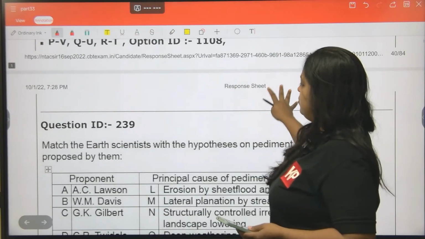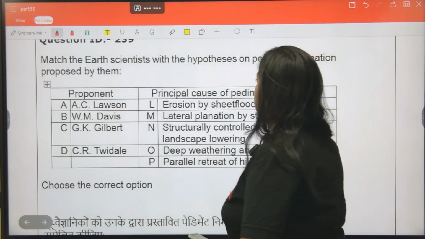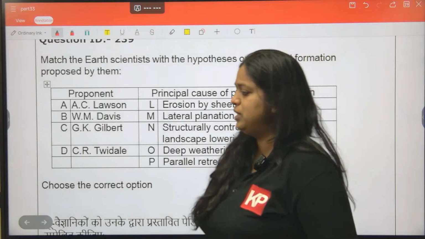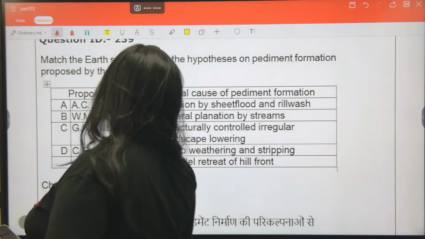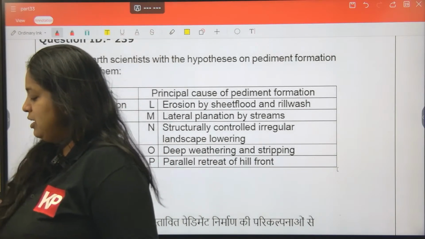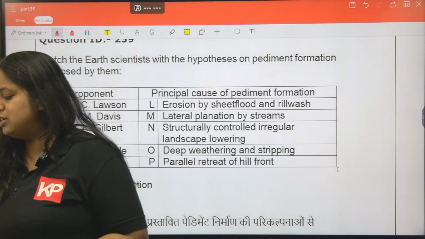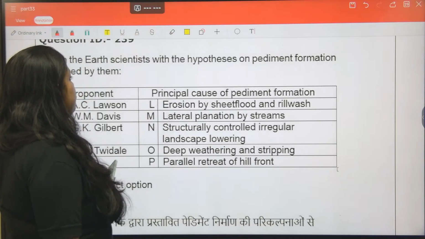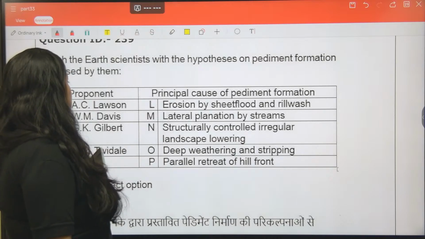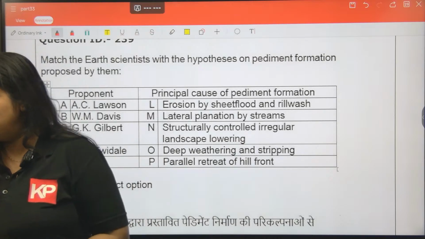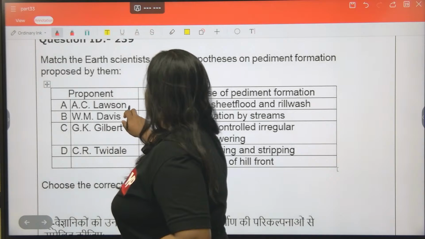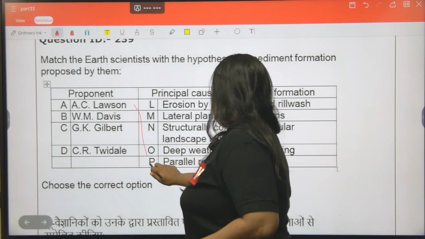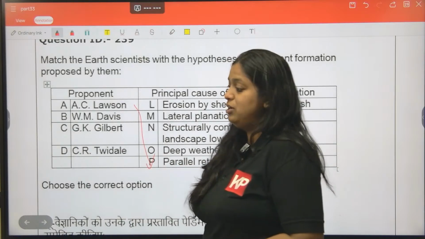Chalo. Next one: match the Earth scientist with the hypothesis on pediment formation proposed by them. This is actually a very interesting kind of question. You should understand the different scientists who have come up with each of these proposals. A.C. Lawson came up with the parallel retreat of hill front.